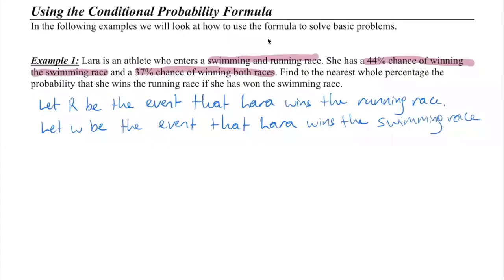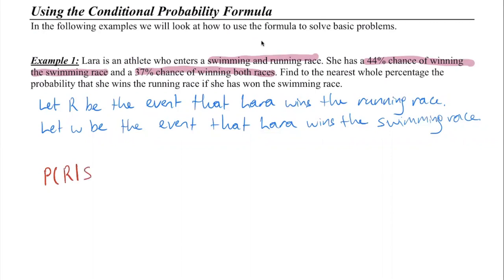I've gone ahead and defined my two events. I said let R be the event that Lara wins the running race. This is just to help us with our notation. And let W be the event that Lara wins the swimming race. What the question is actually asking us to do, if you have a look at our last sentence, is find the probability that she wins the running race, given that she wins the swimming race.